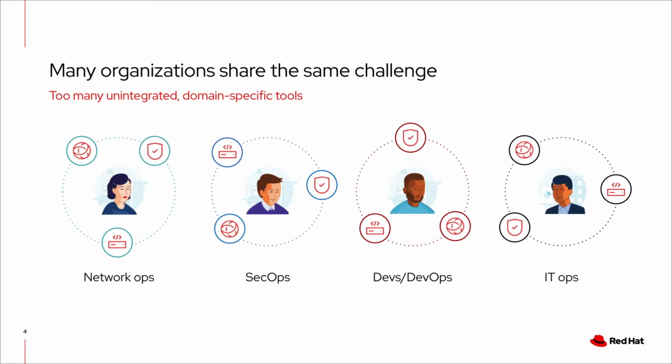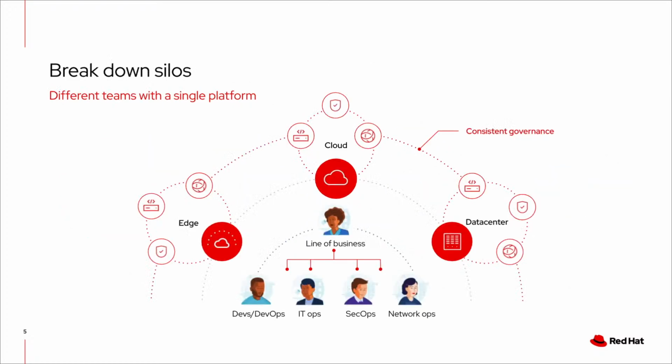And so, we need to be able to bring everyone to the table to understand, obviously, the importance of automation, but also the importance of a shared and single and unified platform. And so, we want to be able to address a lot of these different challenges by integrating different tools within these different silo domains.